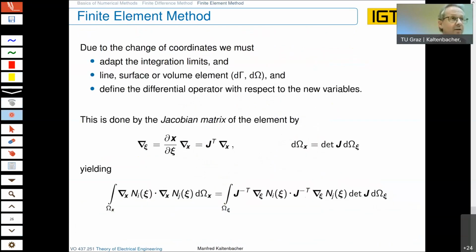And that is on this slide, which is a little bit abstract. Therefore we will go into some details. But perhaps you know, when you make a change of variables, that we also do when we sometimes have to solve integrals. We change the variables because with this transformation, we then get some integral where we have an analytic solution.